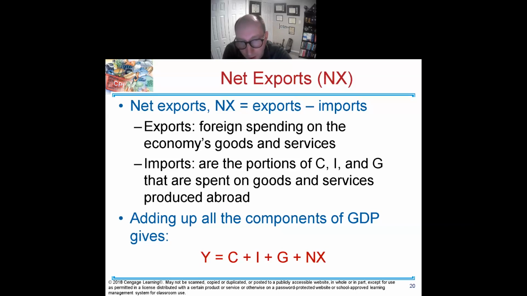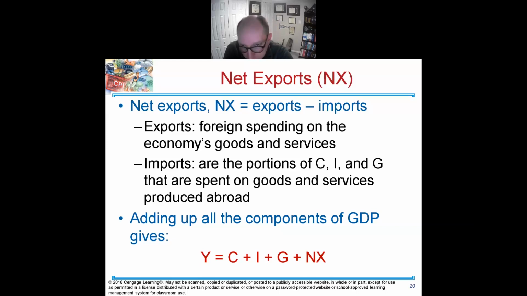Imports, as you know, are goods and services that are purchased from other countries and imported into the country. Example, Japan sells surplus computers to the United States. The United States imports computers from Japan.